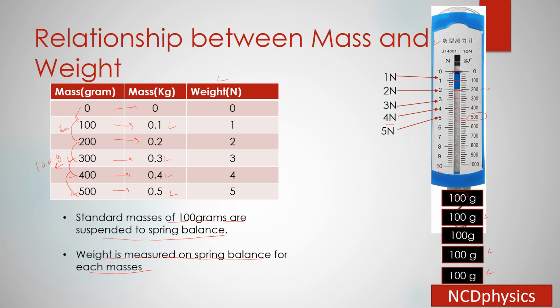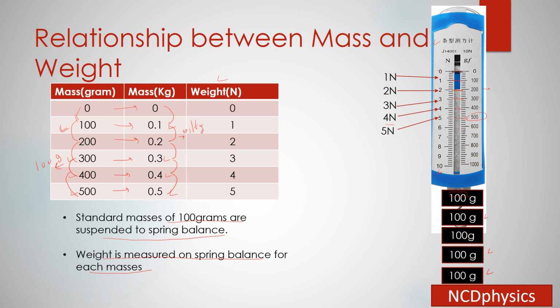You can also say 0 to 0.1, 0.1 to 0.2, 0.2 to 0.3, 0.3 to 0.4, 0.4 to 0.5, so the change is 0.1 kilogram.